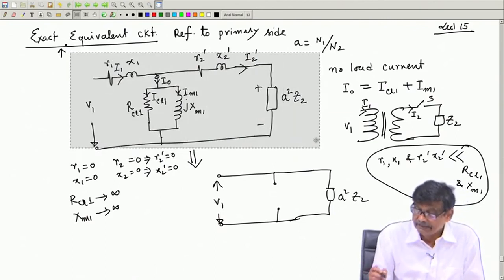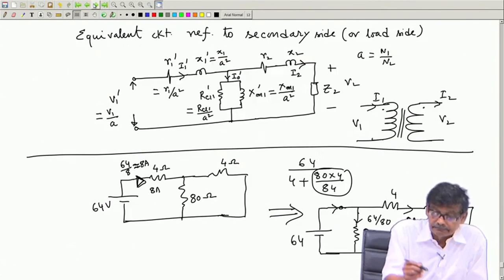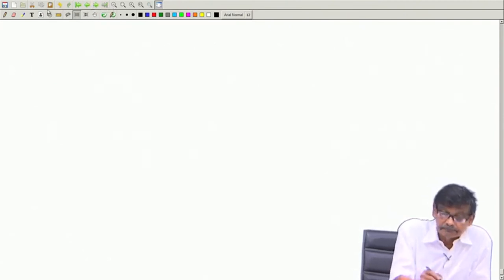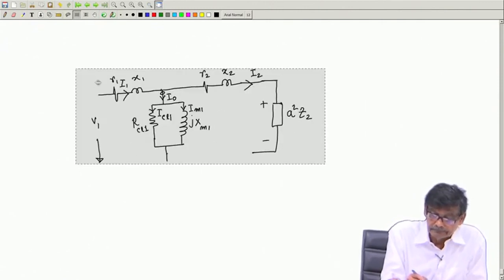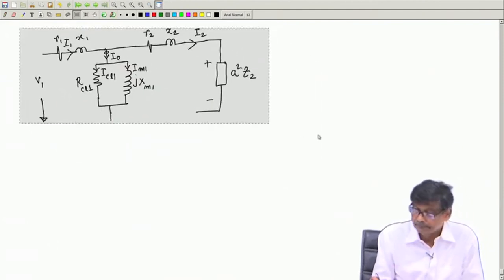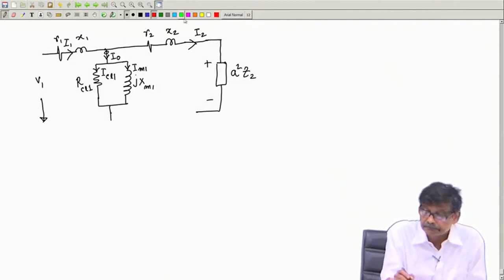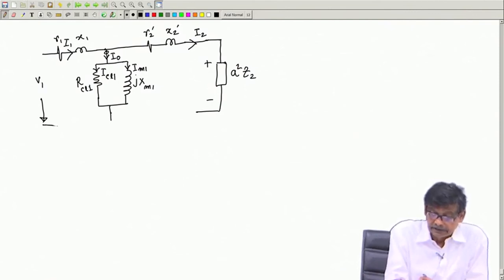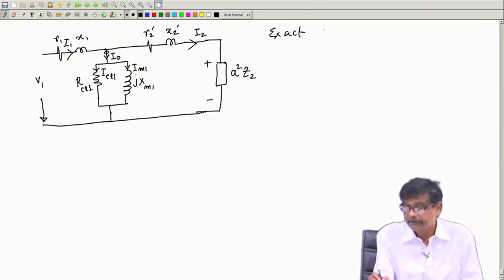Suppose this could not be copied. This was R2 dashed, X2 dashed, and here was a line. This is the exact equivalent circuit.